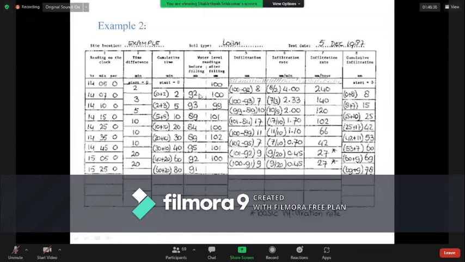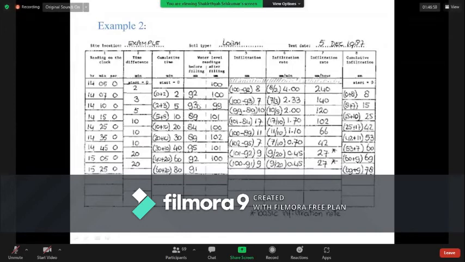After 2 minutes, they again refill and reach the initial reading of 100. So at the end of another 3 minutes, the reading is 93. So what is the difference? 100 minus 93 is 7 millimeter.